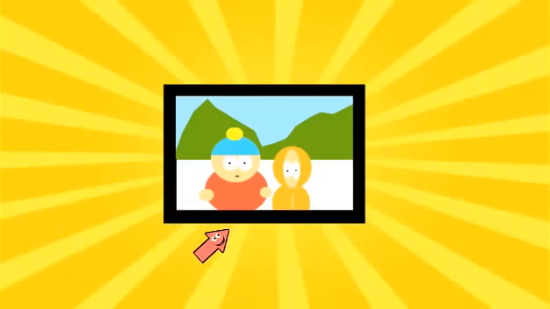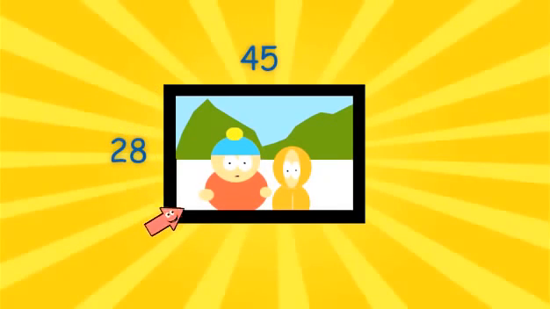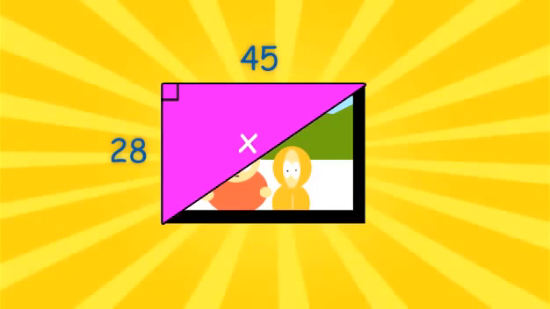The width of the TV is 45 inches and the height is 28 inches. We are looking for the inches of the diagonal. Notice this picture creates a right triangle. We can solve this problem by using the Pythagorean equation. I'll start by looking for the hypotenuse. I'll look across the 90-degree angle, and there it is. X is the hypotenuse. These two sides must be my legs.